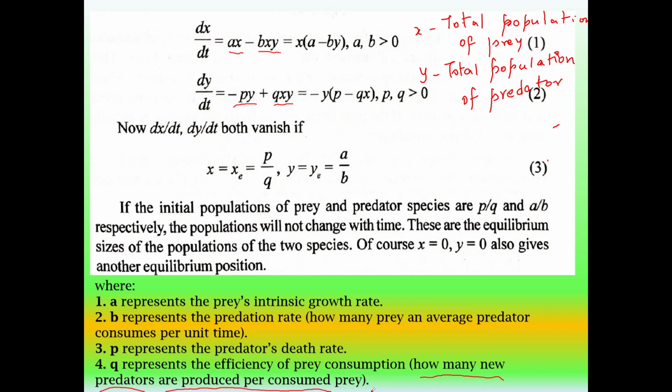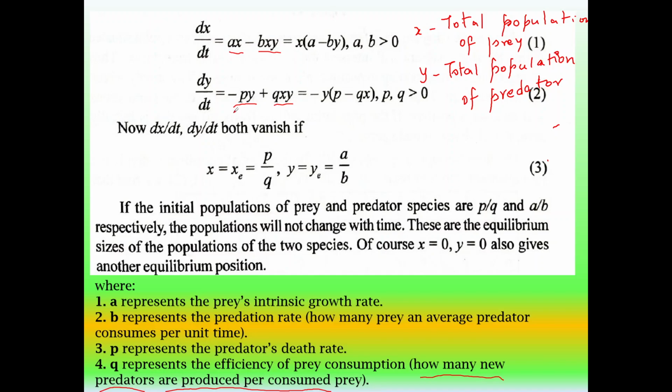Therefore, there we need to assign a positive quantity. That's why we consider here plus q into xy. Another thing, only if there is an interaction between the two species do we need to multiply the population of the two species. Therefore, only in such cases we need to consider the total population in the format of x into y. That's why in the second term we are having q into xy.